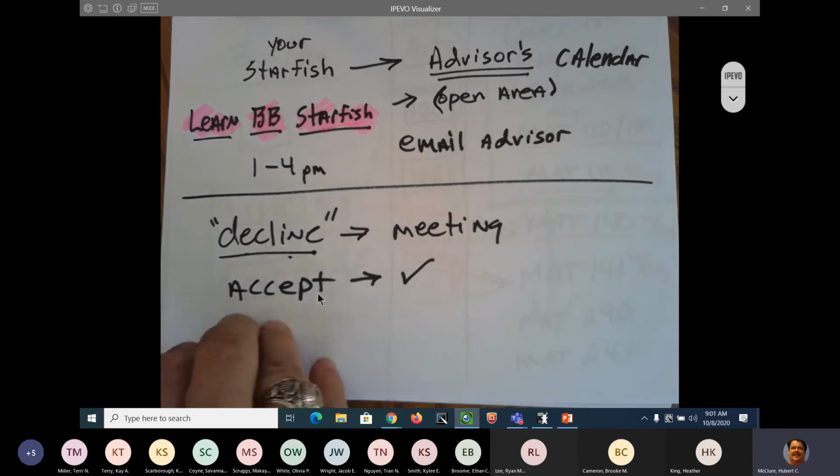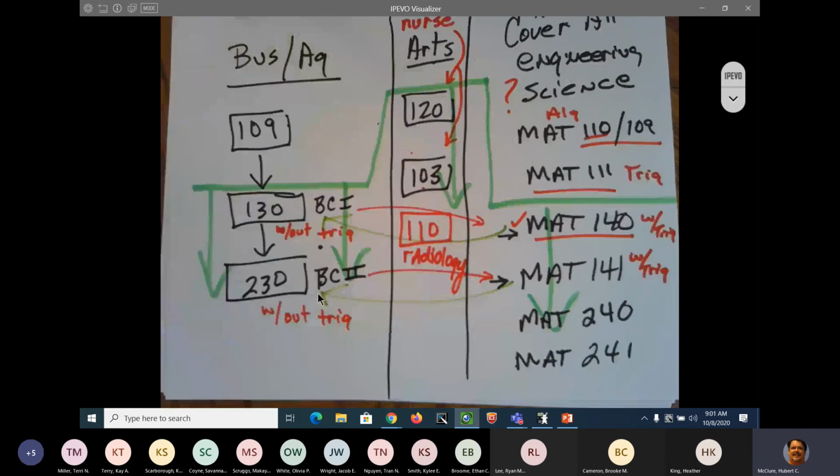Now, as far as math goes, y'all are in Math 120. A lot of you are either a nursing student or an art student, like you're going to teach history or psychology, or you're going into the arts. So you're going to take Math 120 and Math 103 pretty much.